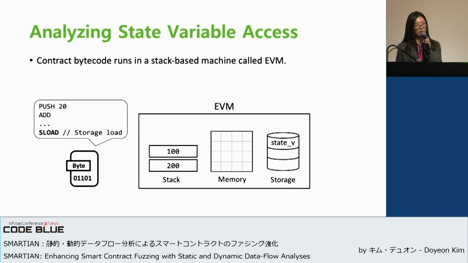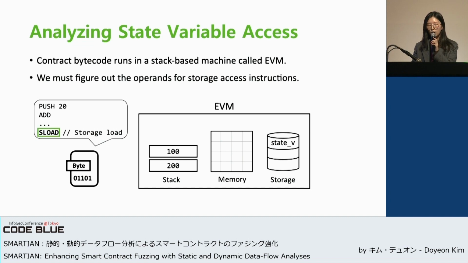Now, let's assume we have this bytecode that accesses state variables. What we have to do is figure out which operands are used by the instructions that access the storage, such as the sload instructions in this bytecode.